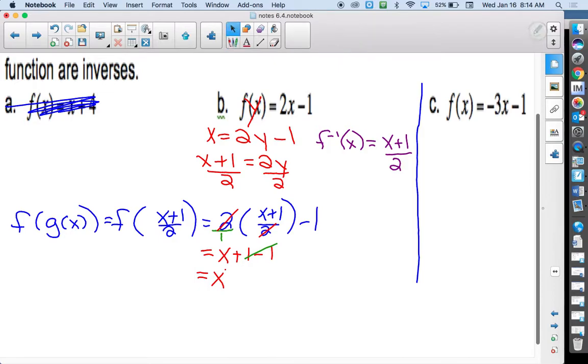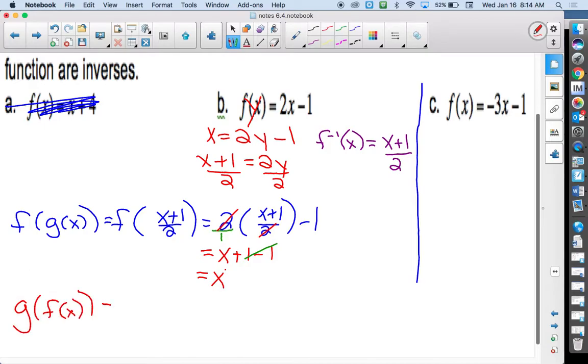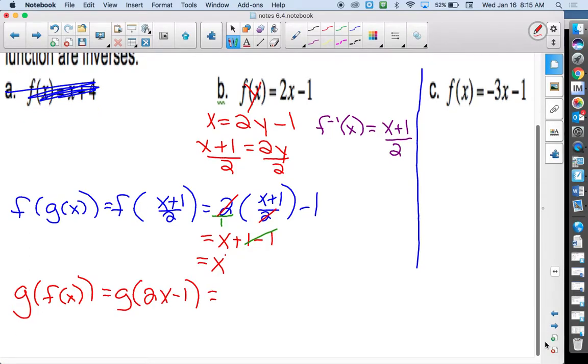And then the last step would be to take g of f of x. So we're going to do the exact opposite of what we just did. So we have 2x minus 1 plus 1 and then divided by 2. All of this is the x right here.